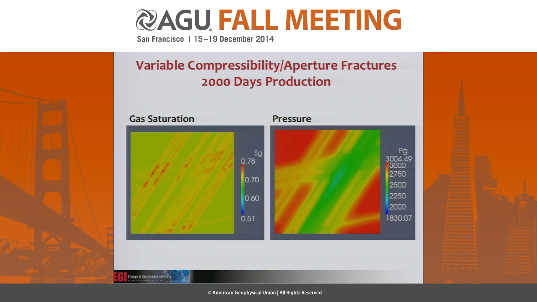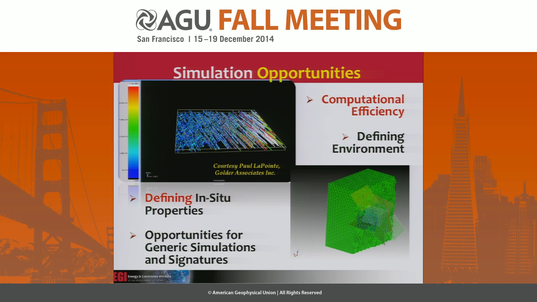So the bottom line is that we have a very, very exciting field that we're dealing with now. We have the methodologies to come up with initial determinations of what the fracture geometries are. We may have to decide in terms of sacrifices that we have to make in representing these fractures for numerical feasibility. Computational efficiency is improving. I think the greatest challenge that we have in our discipline, to a certain extent, is defining the in-situ properties specifically.